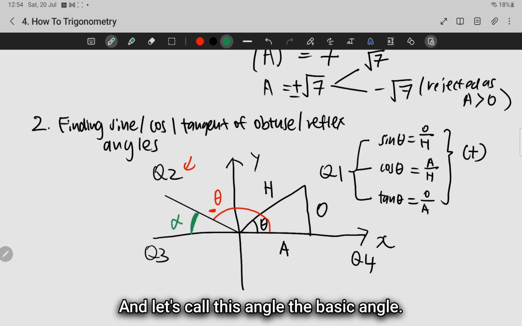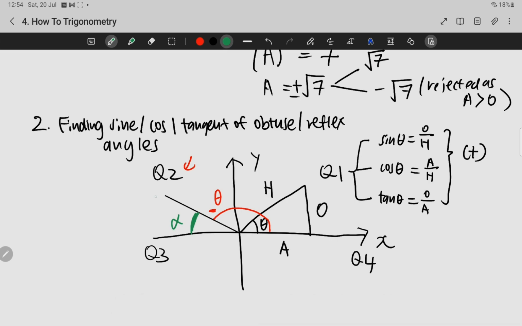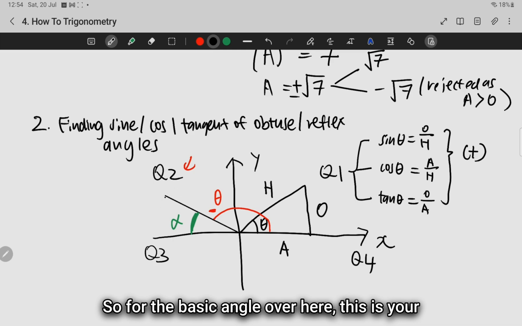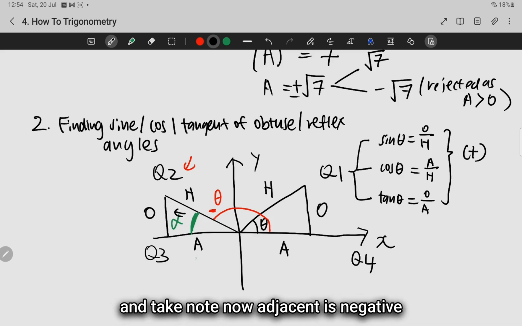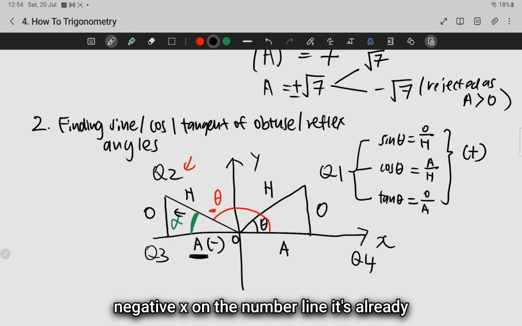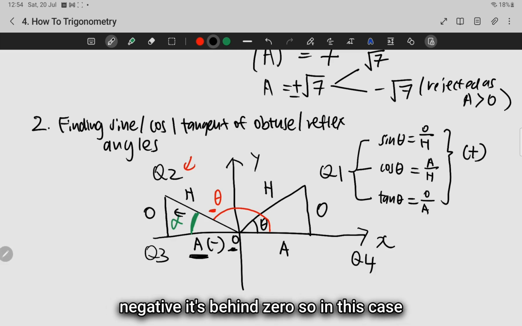And let's call this angle the basic angle. So for the basic angle over here, this is your opposite, hypotenuse, and adjacent. And take note, now adjacent is negative, right? Because this is part of the negative x on the number line. It's already negative. It's behind 0.